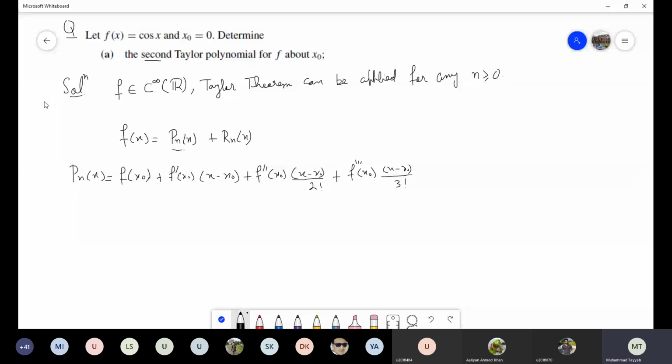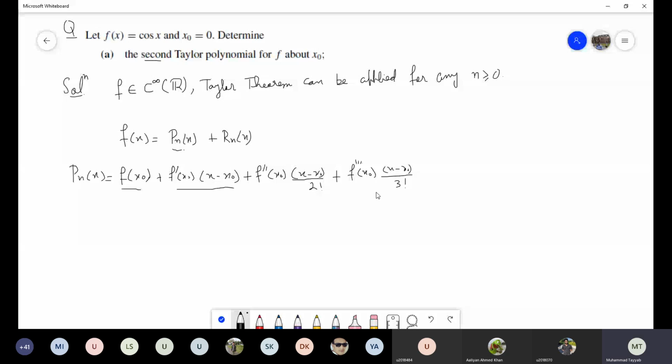Read the question again. Let the function f of x be cos x and x naught equal to 0. Determine the second Taylor polynomial. For the second one I should have written only the first 2 terms. Why have I written these extra 2 terms? Let me show you why.